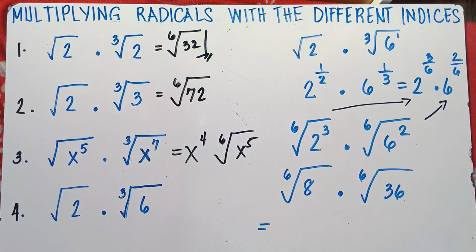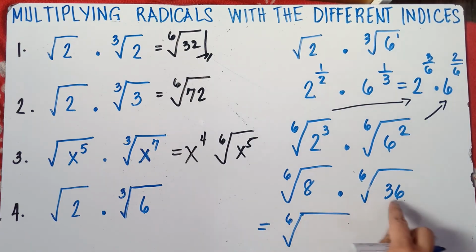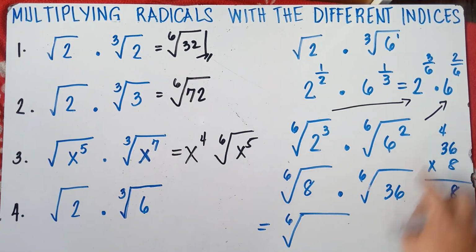In the laws of radicals, class, if they have the same index, copy the index, the 6th root of, then multiply the numbers inside. So 8 times 36. 8 times 6 is 48, 8 carry 4. 8 times 3 is 24, plus 4 is 28.